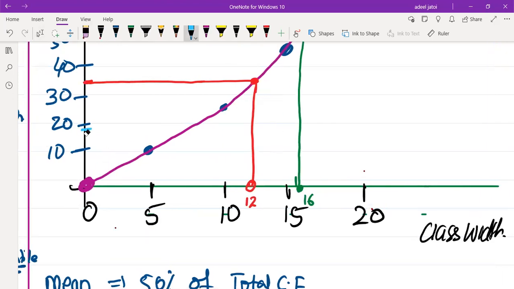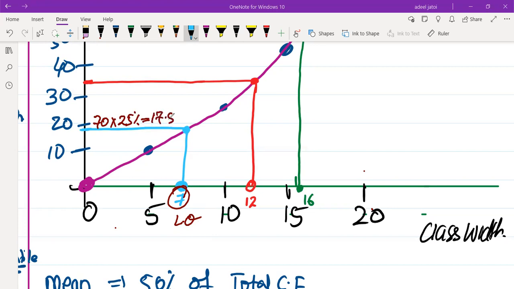Let's say 17.5 is here. We make a line till the cumulative frequency curve. We drop down. Let's say the answer that we got is 7. So this 7 is your lower quartile. How did you get it? We apply 25% to the cumulative frequency total.